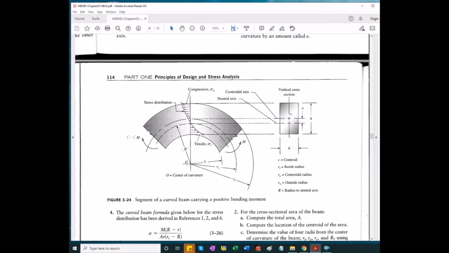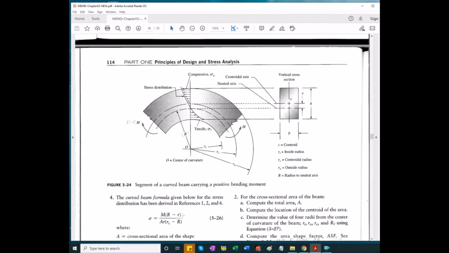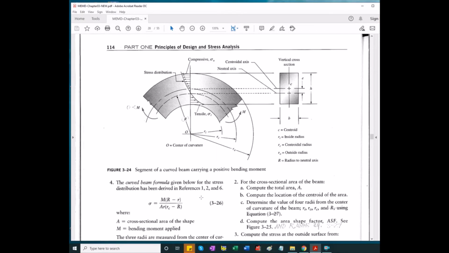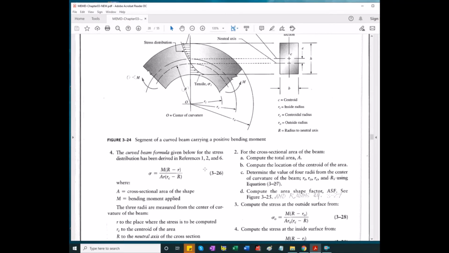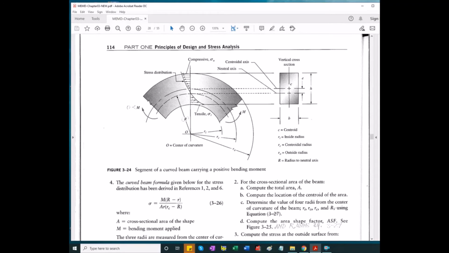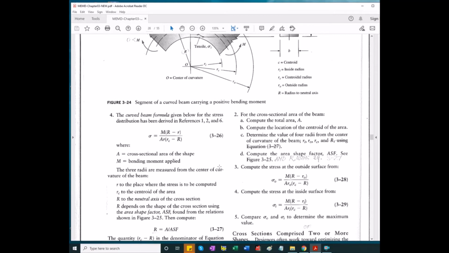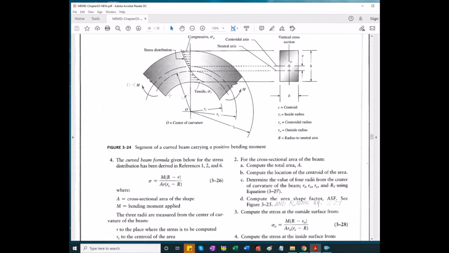Really, R is a generic radius anywhere between RI, internal radius, and RO, outer radius. And without any proof, we're provided with equations that allow us to calculate the stress distribution across the cross section of the curved beam, and M will be the bending moment from other analysis of the problem.